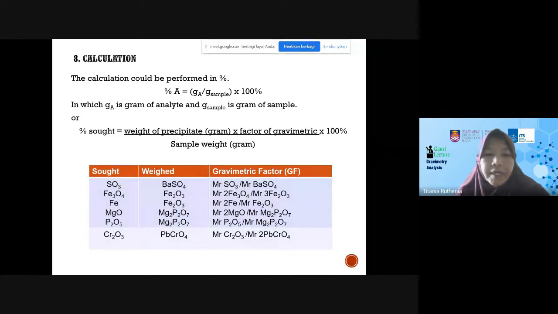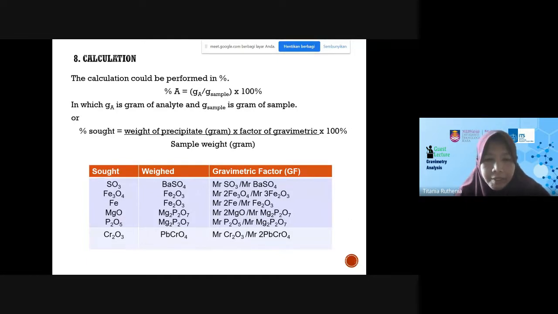And if we want to find Fe from Fe2O3, then because this is 1 mole and this is 2, we multiply 2 Fe divided by the molecular weight of Fe2O3. Then if we want MgO and the weight is Mg2P2O7, because this is 1 and this is 2, we multiply the numerator with 2: 2 MgO divided by Mg2P2O7.